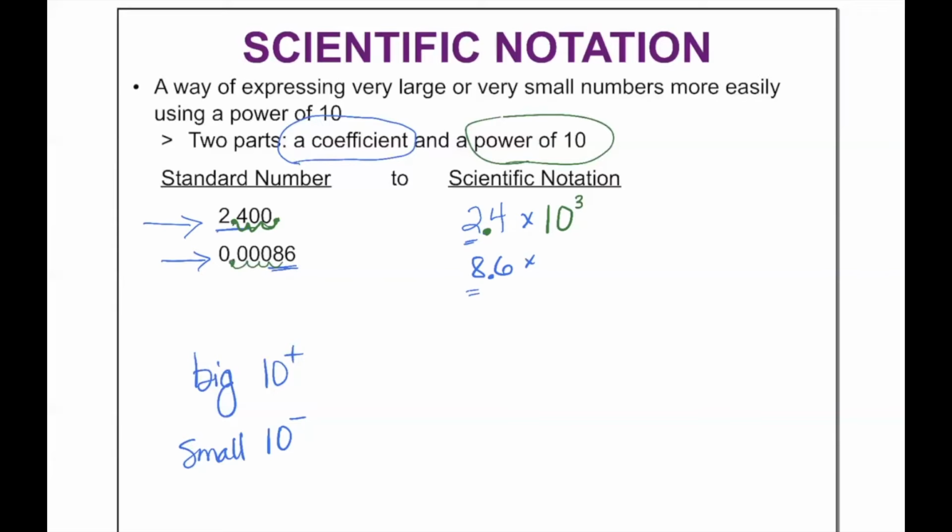Here's our original decimal place. Because it's a very, very small number, we're going to move our decimal place to the right, which means we're going to have a negative exponent. If we move that decimal place 1, 2, 3, 4 places, it puts it so that we have one digit before the decimal. And so that was 4, and we have times 10 to the negative 4.